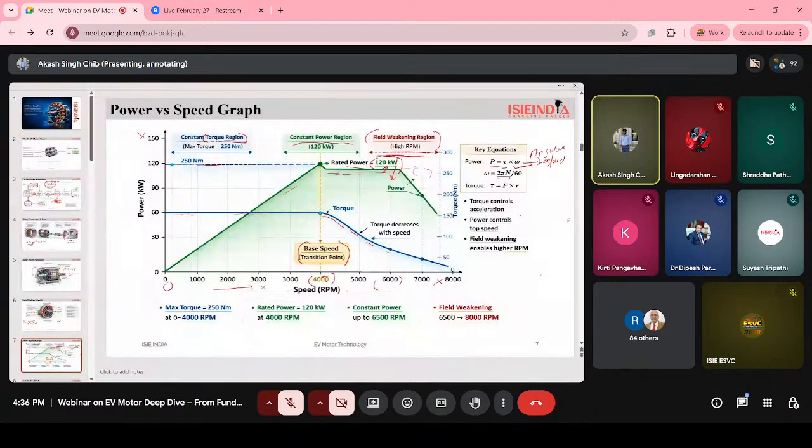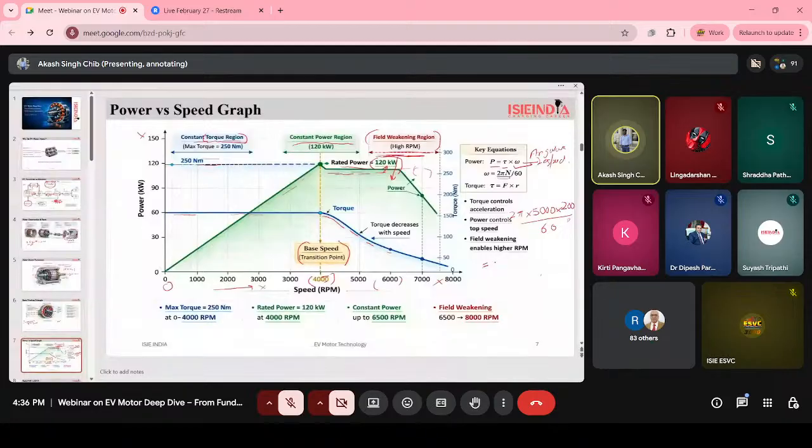Now you can see 2 pi into N is the speed. We are getting 5000 RPM of speed and 200 Newton meter of torque. Divide by 60.